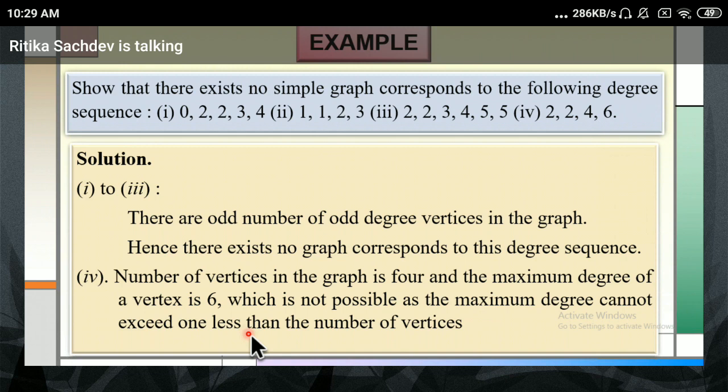So the maximum degree of a vertex in a simple graph can be n minus 1. That means if I have a graph having 4 vertices, then the maximum degree has to be only 3. But here the maximum degree is 6. So again, the graph does not exist.